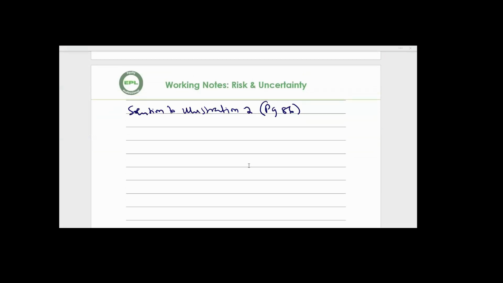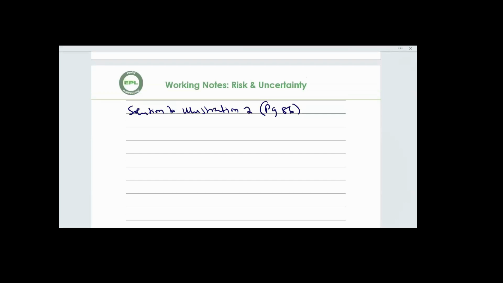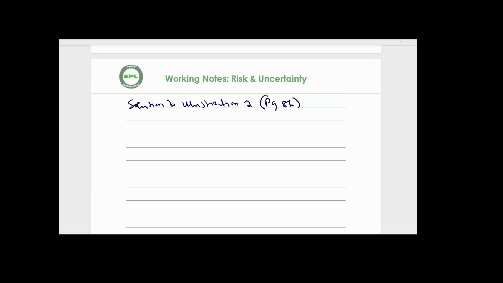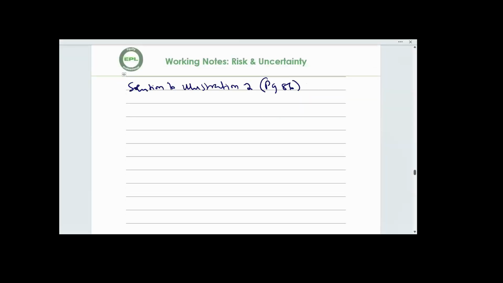So you want to calculate expected NPV using the following tag numbers, that is using simulation. So I would then say, calculating the expected net present value using simulation method.